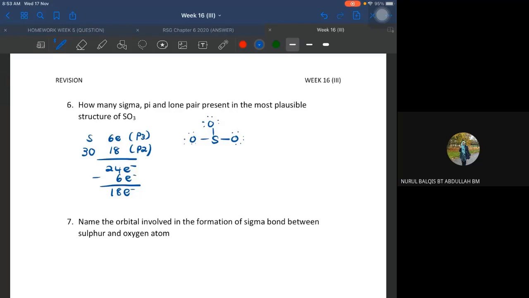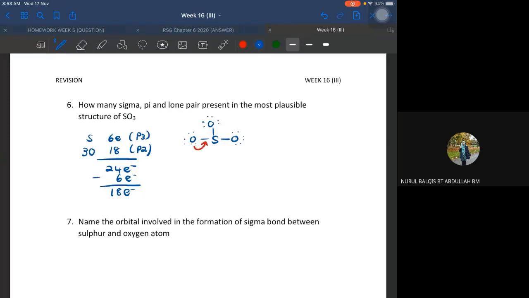Expansion kan? Expanded. Okay, so expanded by right, boleh tak lebih pada 8? Boleh. Okay, at the moment you only have 3 kan? 3 maksudnya 6 kan? Ya. Betul. Since awak ada banyak lone pair elektron sekeliling S ni, dia boleh donate sini satu.